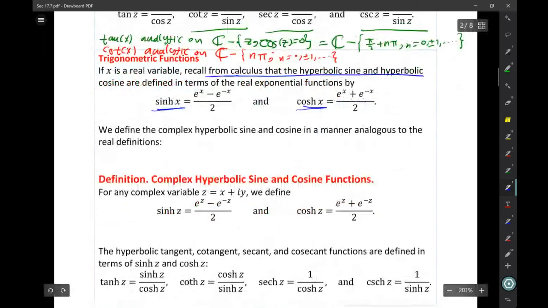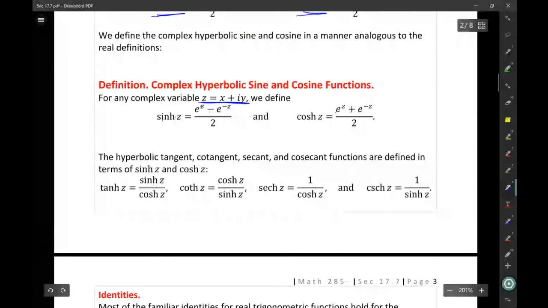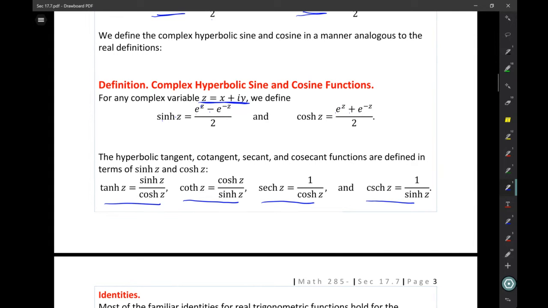Now, we define sinh and cosh for complex numbers: sinh z is equal to e^z minus e^(-z) divided by 2, and cosh z is equal to e^z plus e^(-z) divided by 2. Similarly, you can define tanh, coth, secant hyperbolic, and cosecant hyperbolic functions.